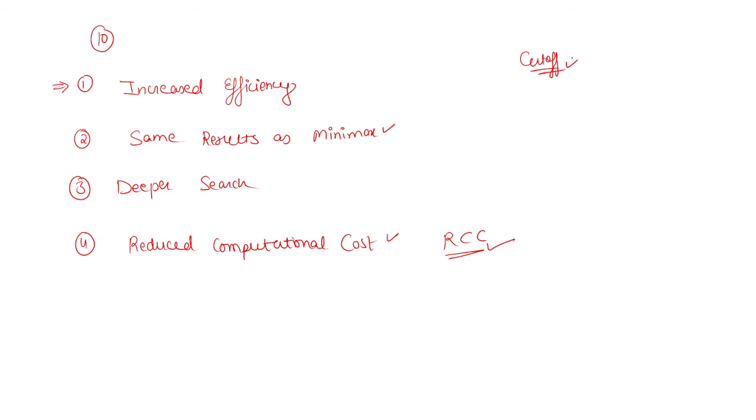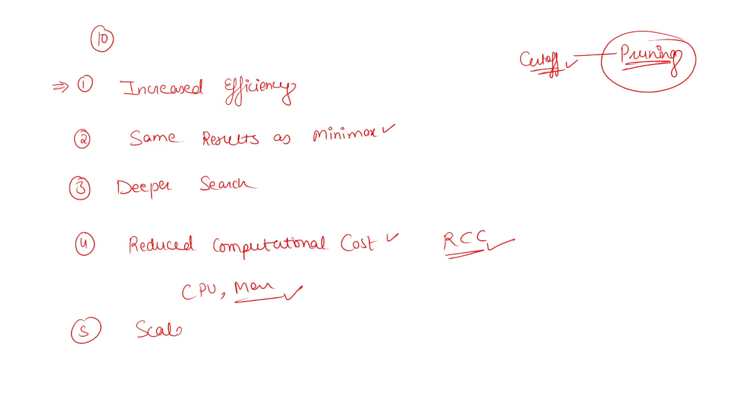That means we are cutting off the unnecessary nodes. It is also called pruning, like in trees, where pruning is done and unnecessary branches are cut off. Similarly, it happens here. By pruning irrelevant branches, the computational resources like CPU and memory required are lower compared to exhaustive tree traversal. Another benefit we have already discussed is scalability.